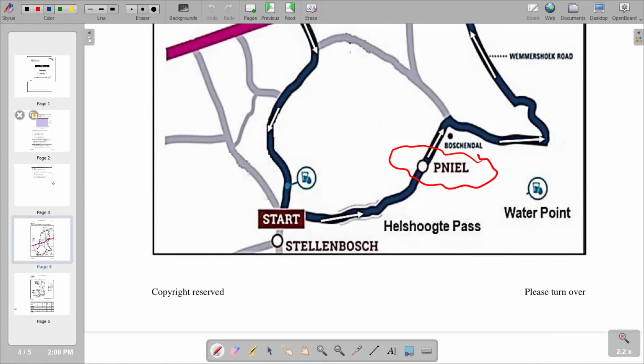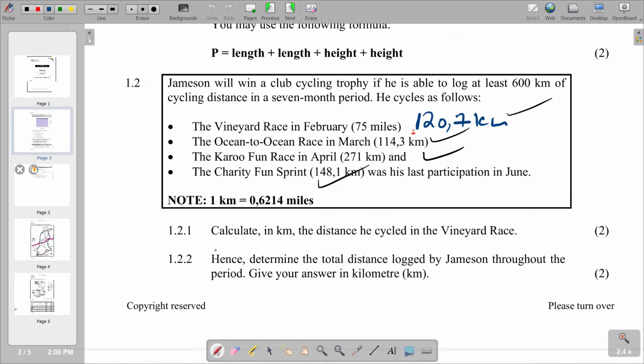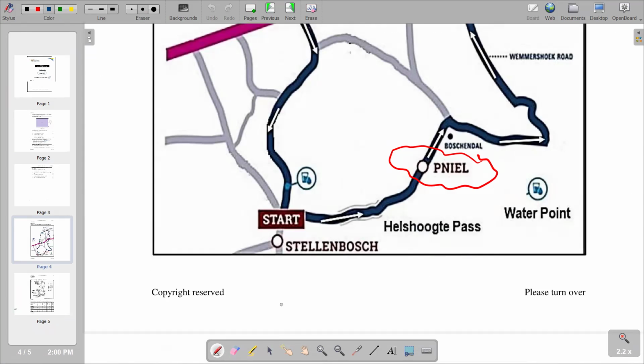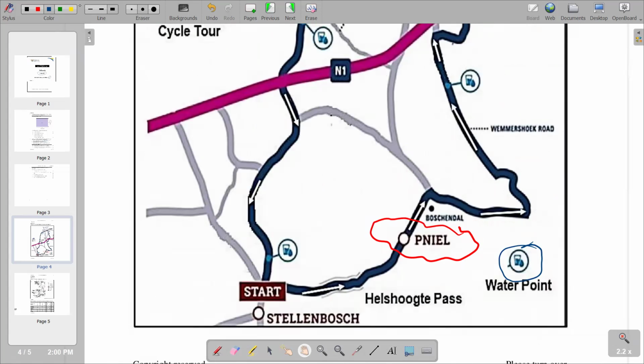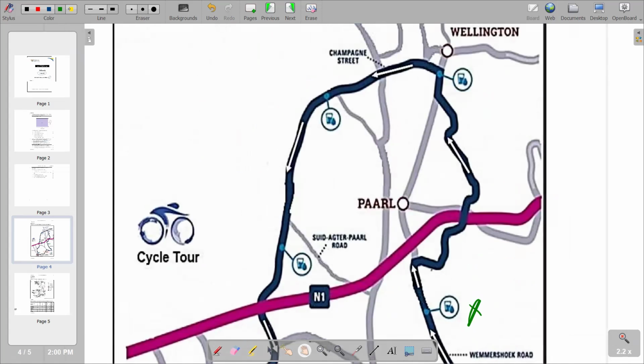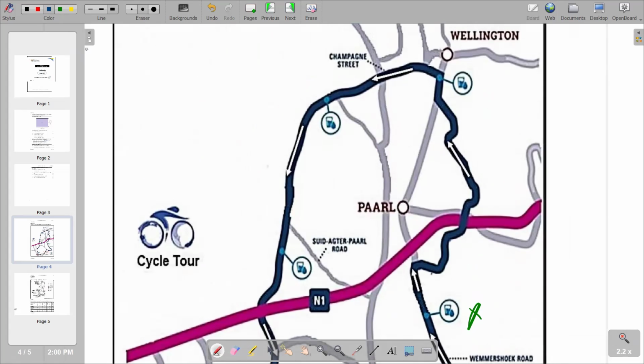Then we check in terms of the next question that we have, which reads, how many water points are available in the mid-help Stellenbosch cycle tour? So we check in terms of that. We see that this is the sign for water points. So we check how many are there. We see that we've got 1 here, the second one there, the third one here, the fourth one, and the fifth one.